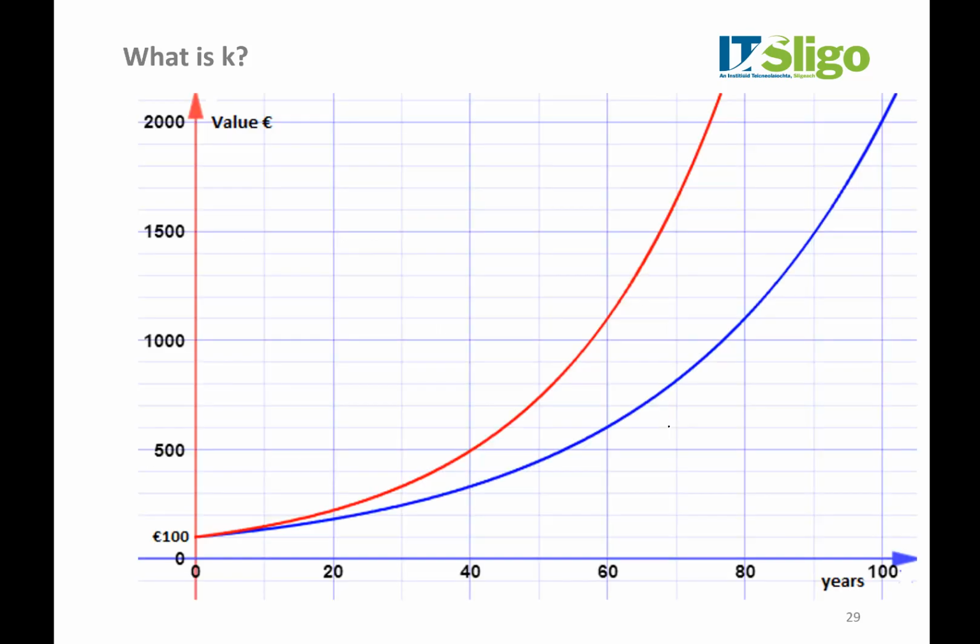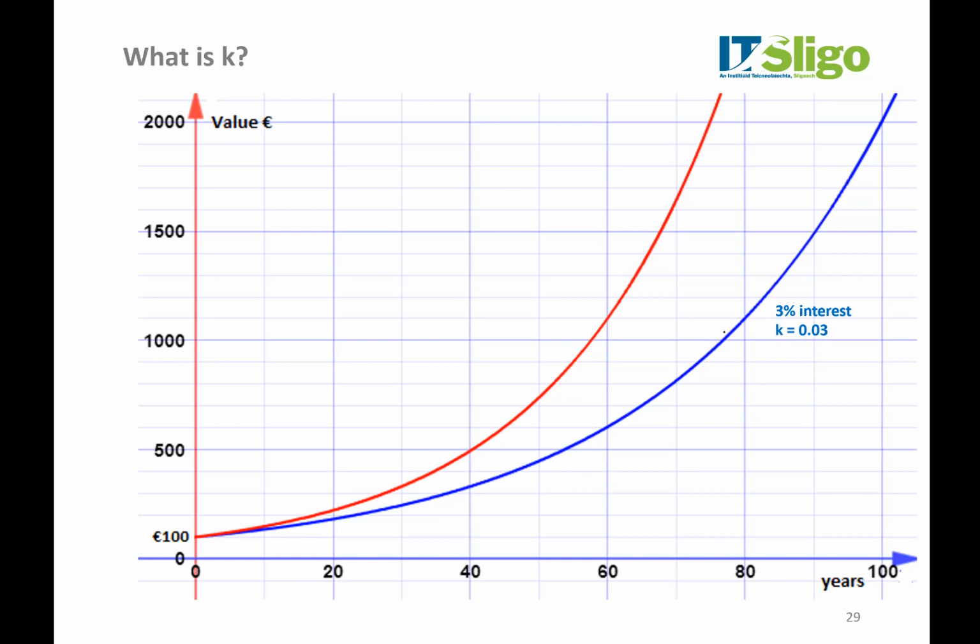And just here we have 100 euros invested in a bank. The blue curve is looking at if the bank was offering 3% interest. In this case, remember we never use a percentage in a calculation. k would be 0.03.